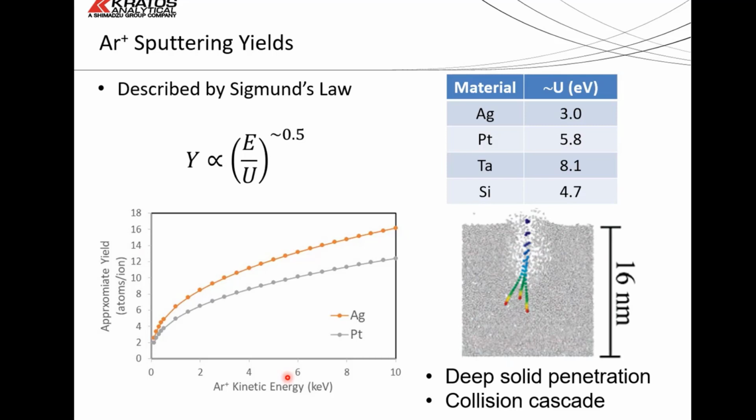The characteristic mechanism with noble ion sputtering is that when they impinge upon the target, they induce deep solid penetration and a collision cascade which points downwards into the sample. This is a snippet from a molecular dynamics simulation. You can see not much material is ejected from the surface. Rather, there's lots of downward mixing occurring, and it can burrow down to quite a deep distance, certainly deeper than the XPS information depth.